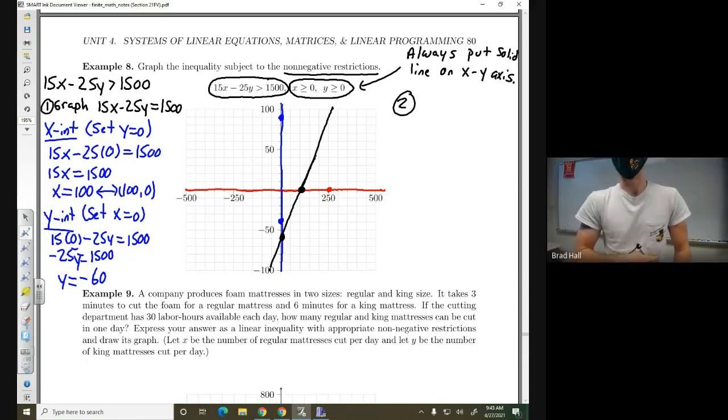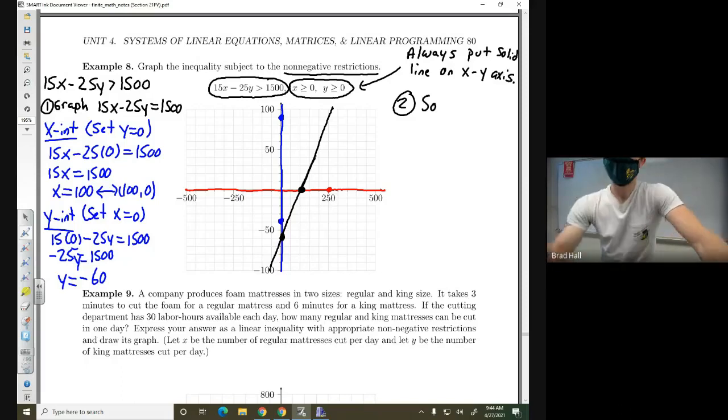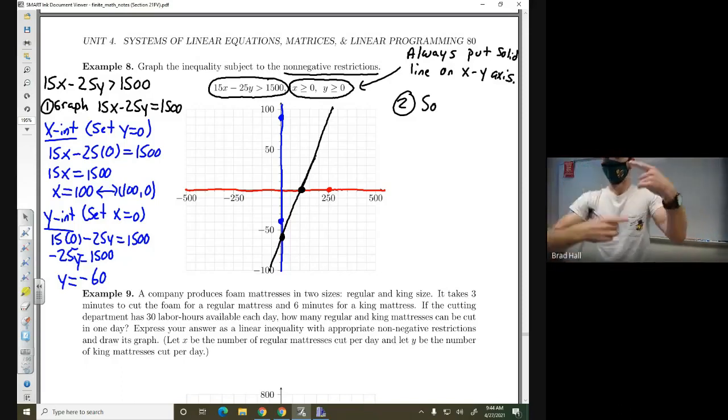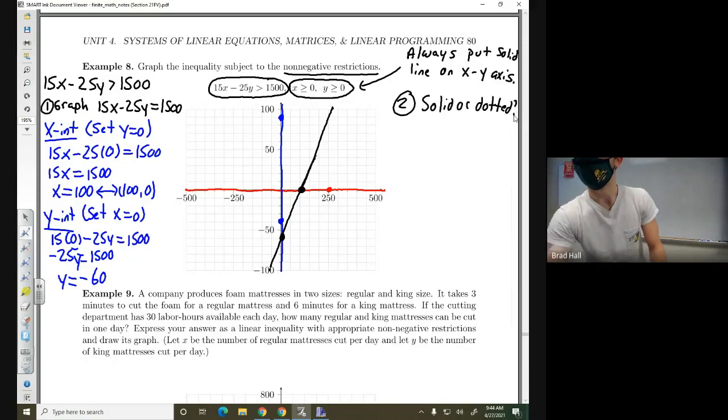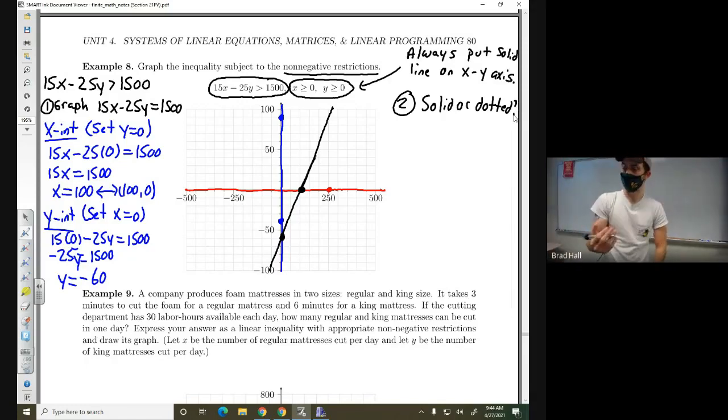It should be dotted. I forget that every time. So maybe I should switch 1 and 2 next time I teach this class. I should do solid or dotted first. So the second step, if you look back in your notes, we always did the second step as solid or dotted. But this one's going to be dotted.